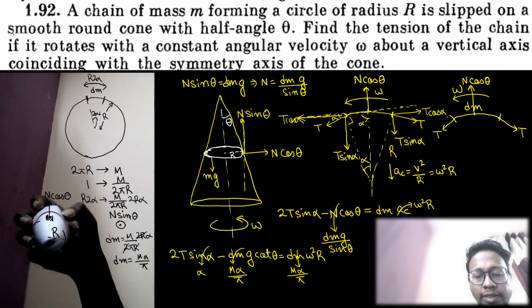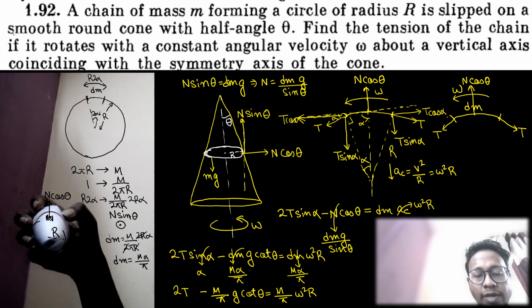So if I rewrite the equation: 2T alpha minus m alpha by pi g cot theta is equal to m alpha by pi omega square r. Alpha, alpha, and alpha get cancelled.